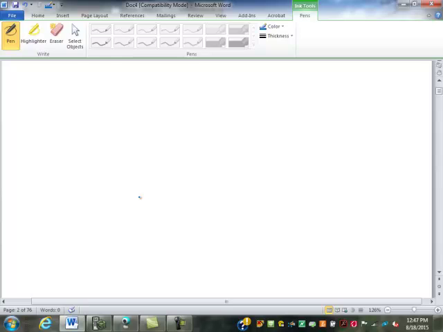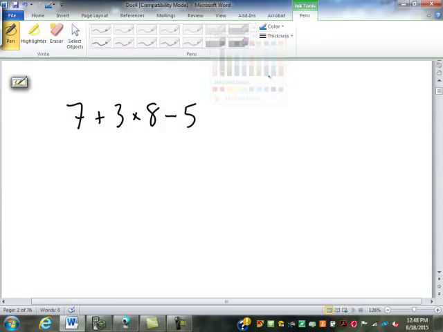Okay. Well, let's start with our new stuff then. What we're going to look at today are problems where we run into something like this. When we look at a problem like this, some people might say, I read a book from left to right, so I'm just going to do my problem from left to right.